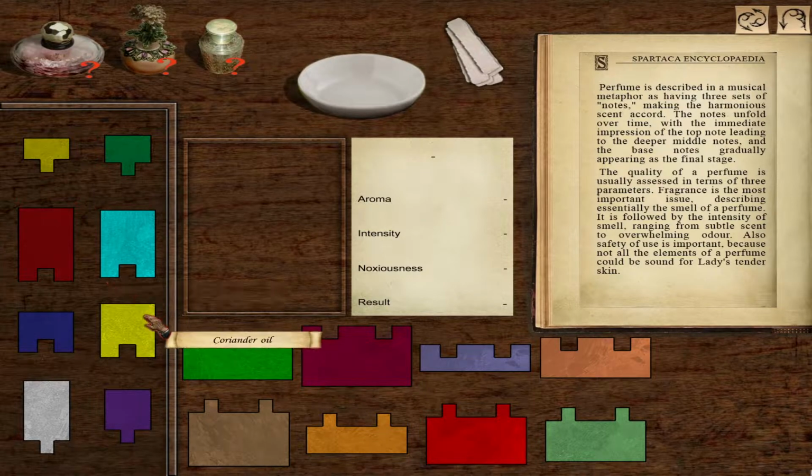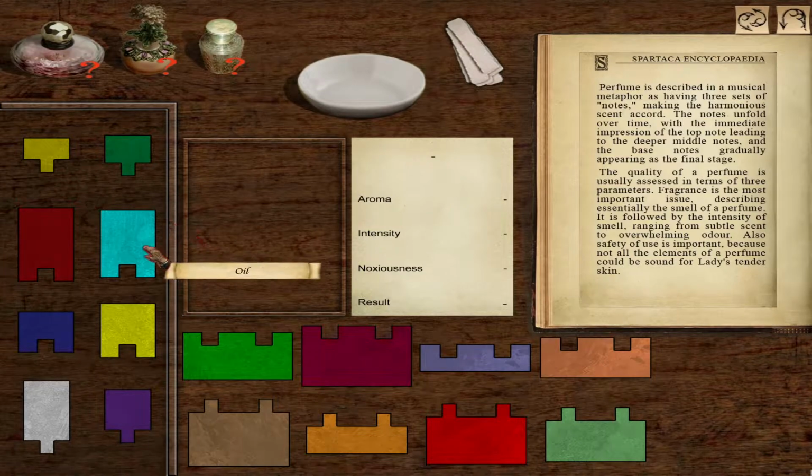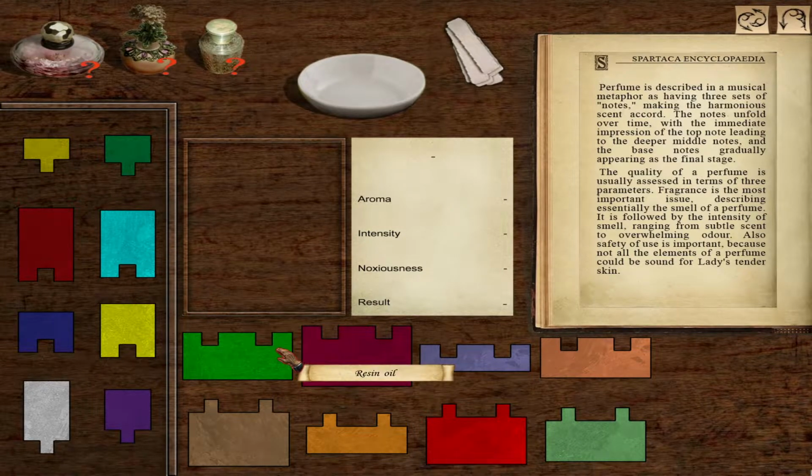I'm guessing we only have one, so probably the top and the base, maybe. Anyways, let's see how this goes. So I'll start with this.